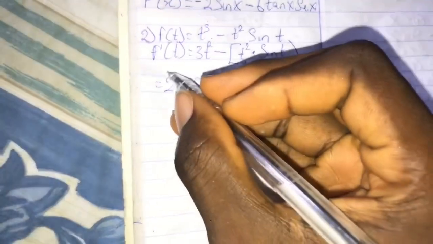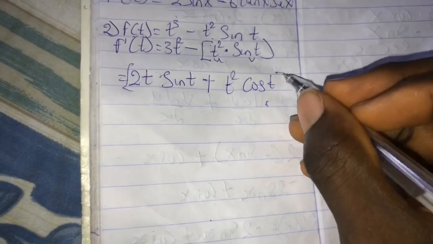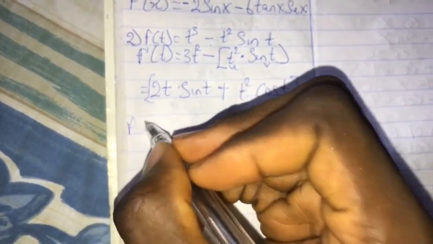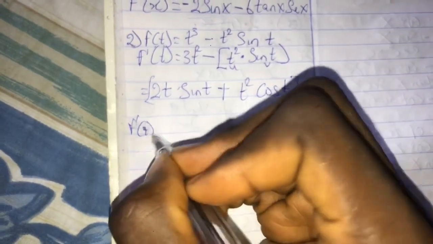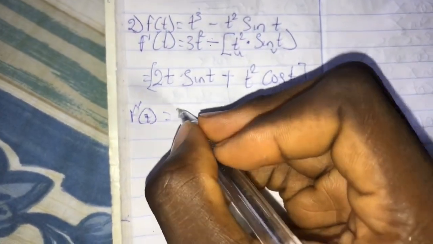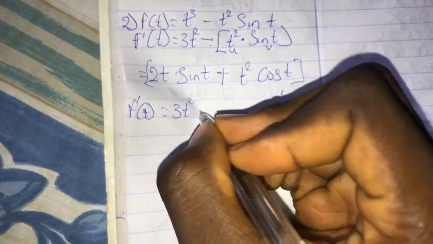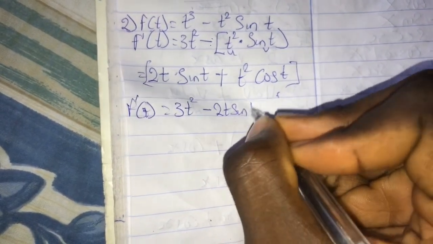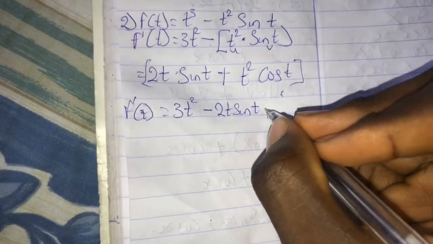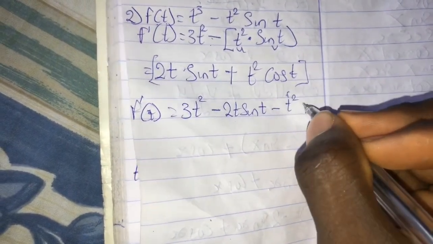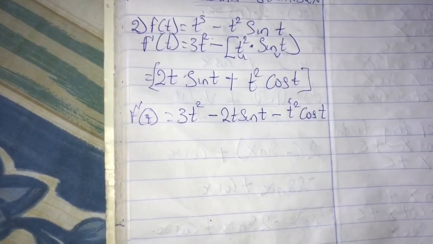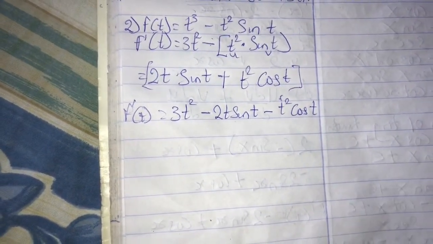Remember, this is in brackets and there's a negative sign outside of it. Therefore our total answer will be f'(t) equals 3t squared minus, 2t sin t plus t squared cos t. That's our final answer. Please, if you have any question, don't hesitate to ask.